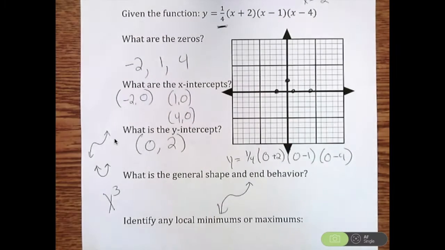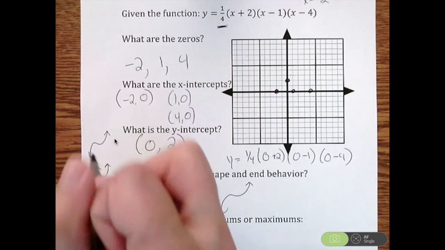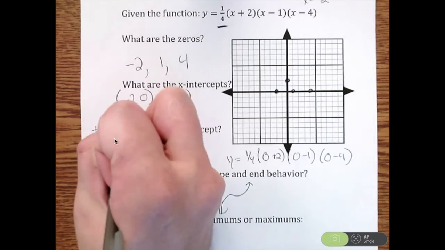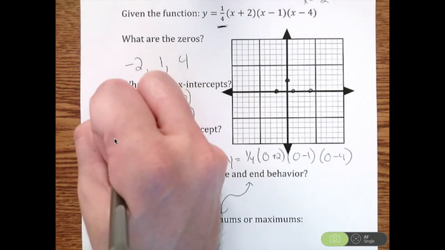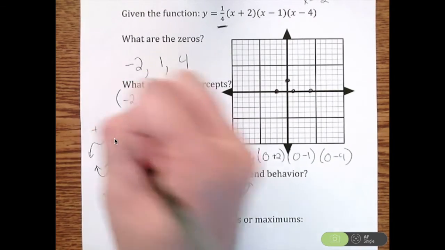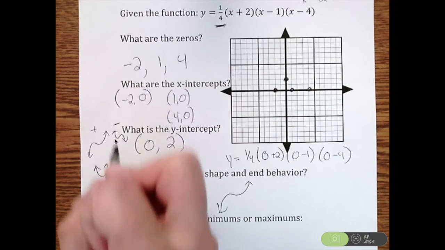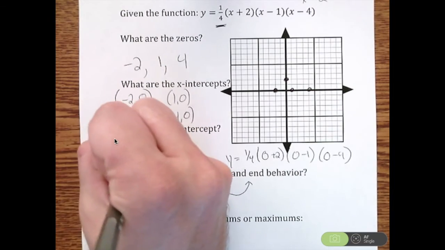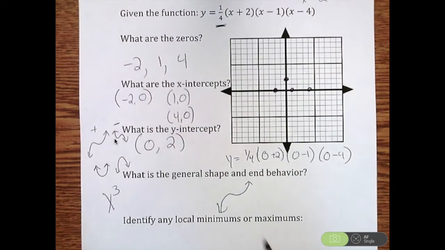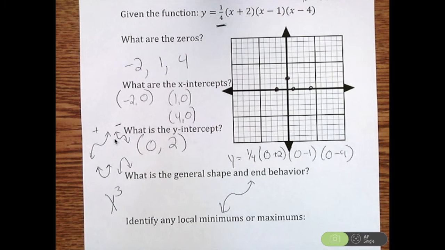If A would have been a negative number, that would just reflect both of these basic graphs over the x-axis. So instead of an S going up, that's if it was a positive. If A was negative, this would be an S coming down. Or if it was an even function and negative, that would be a U coming down. So I know it's going to be an S going up.